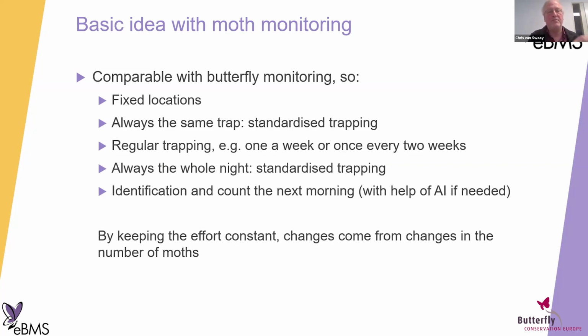If you keep the effort constant, same sites, same trap in time, the changes in theory should come from changes in the number of moths on the site. And if we have lots of sites, we can combine them and, just like with the butterfly monitoring, calculate trends in the moth species.